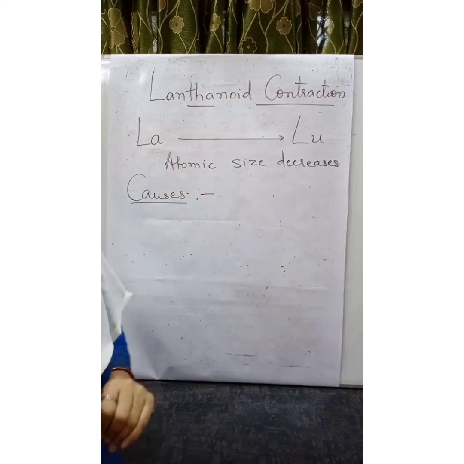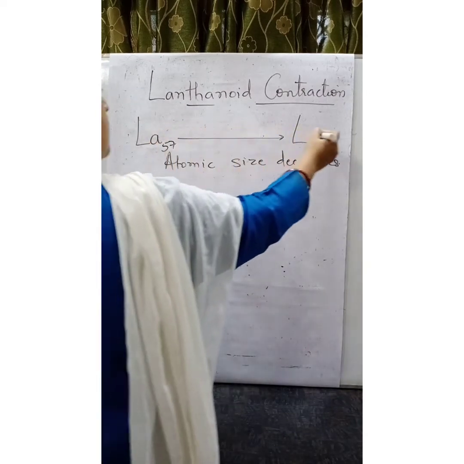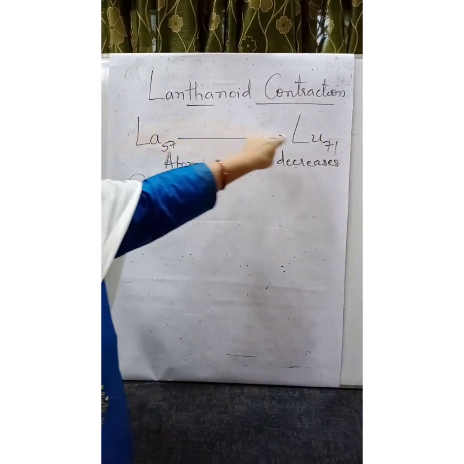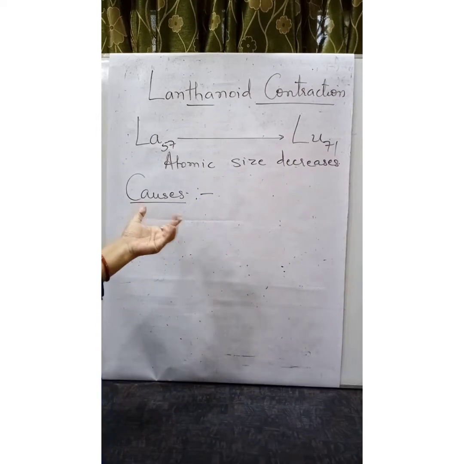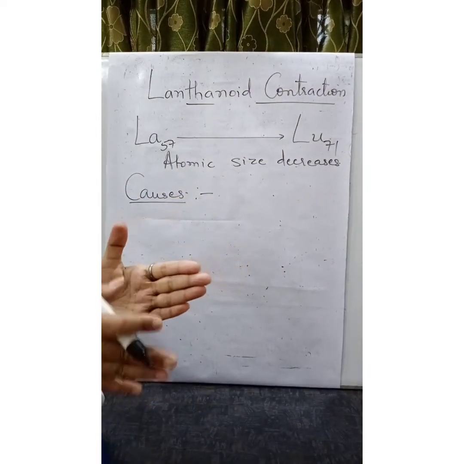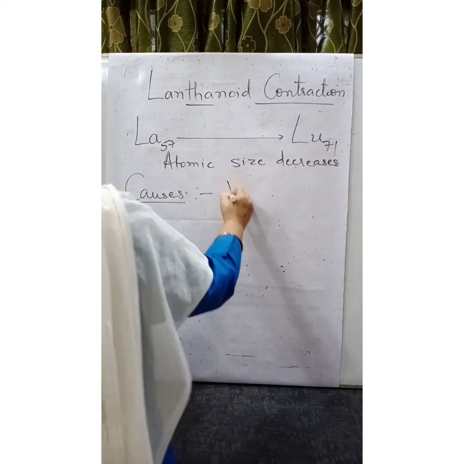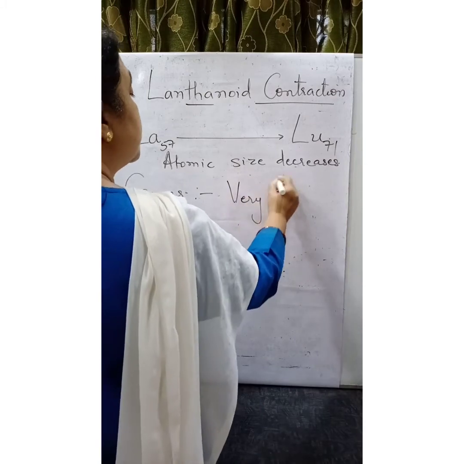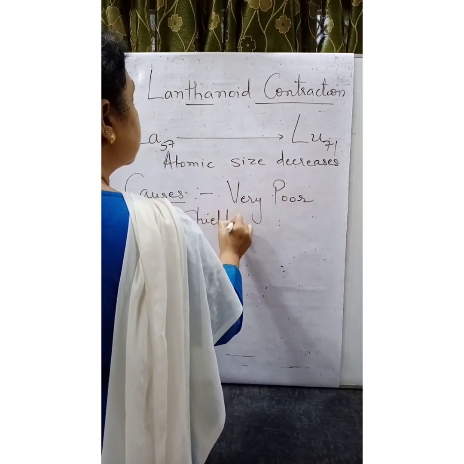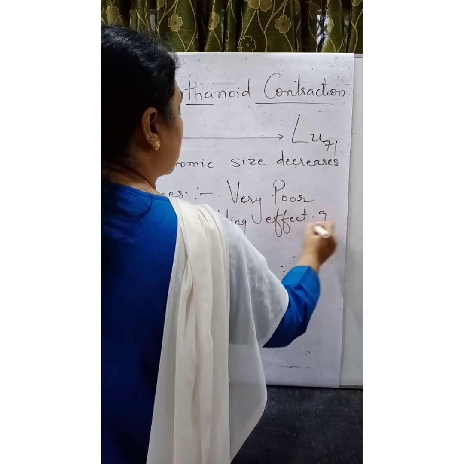Now, what are the causes for this lanthanoid contraction? As the atomic number increases from lanthanum to lutetium, the electrons are again and again added into the same 4f orbital, and because of very poor shielding effect or screening effect of 4f electrons.